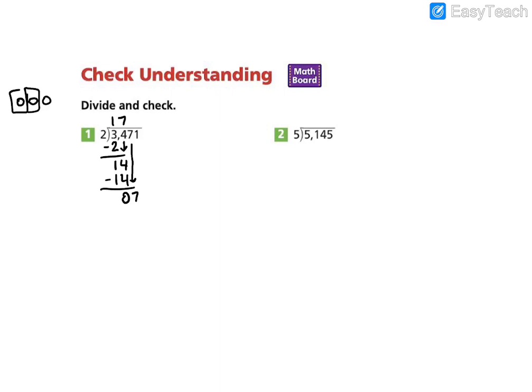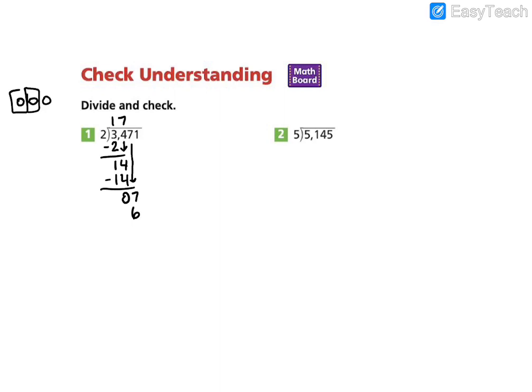I have 7 tens. Is 7 a multiple of 2? 7 is not a multiple of 2, so I know that I'm going to have some amount that I need to regroup. If I have 7 and divide it into 2 equal groups, my closest multiple of 2 to 7 is 6. So I know I'm going to use 6 of my tens.